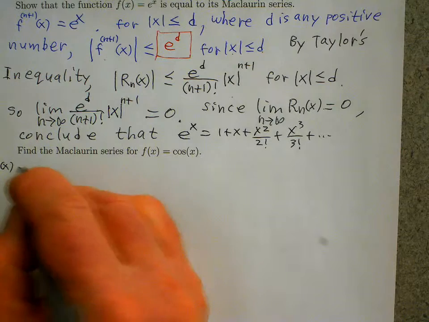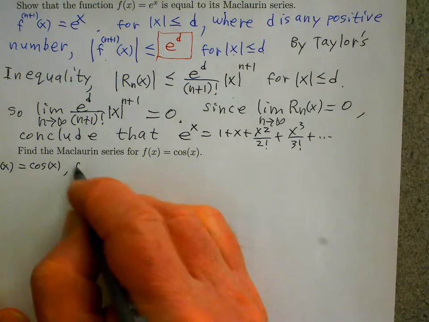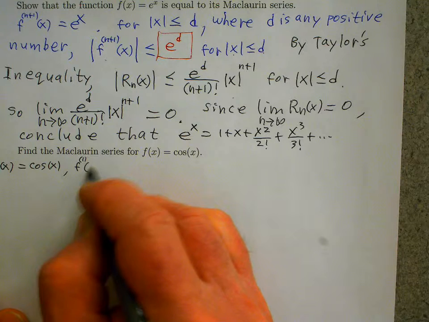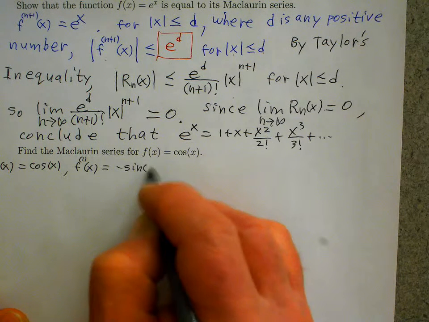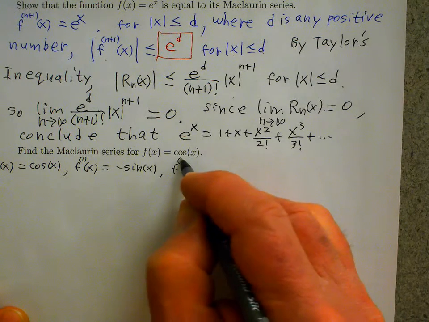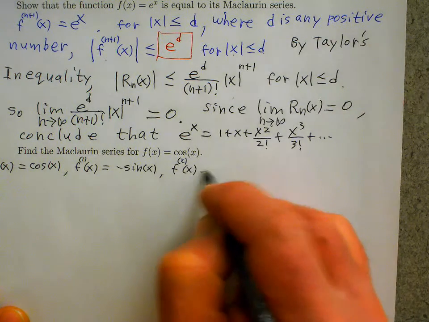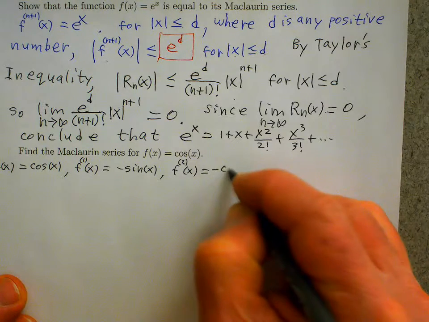F of x equals cosine of x. The first derivative of f of x is negative sine of x. The second derivative, what's the second derivative of f? Negative cosine. Yeah, negative cosine of x.